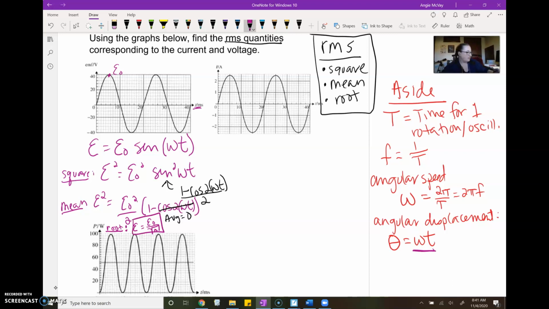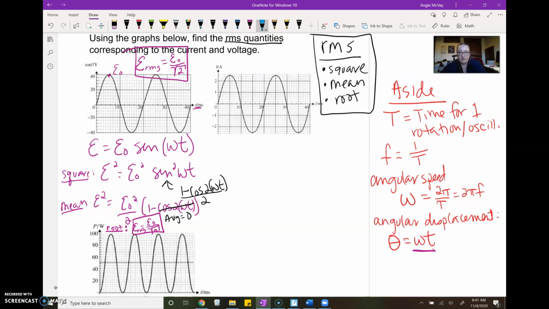And if you look in your data booklet under topic 11, you'll see this equation. Here, let me write this bigger. Okay, so what we found is the RMS. E RMS, the RMS value of an EMF, is equal to the maximum EMF divided by the square root of 2.